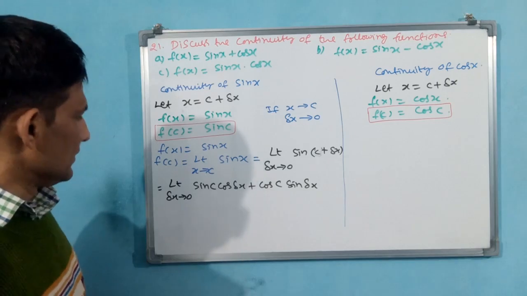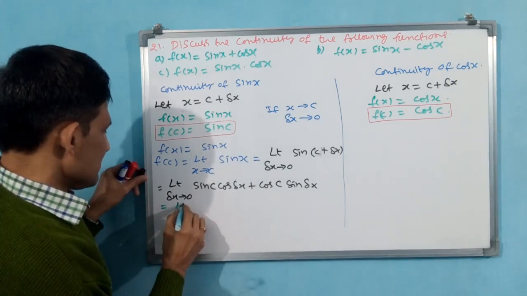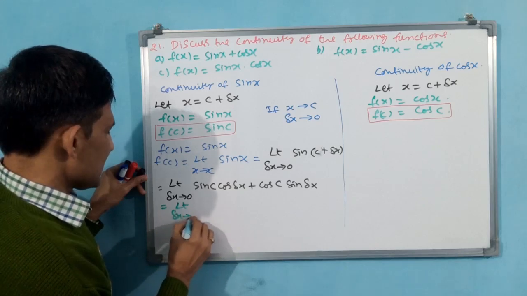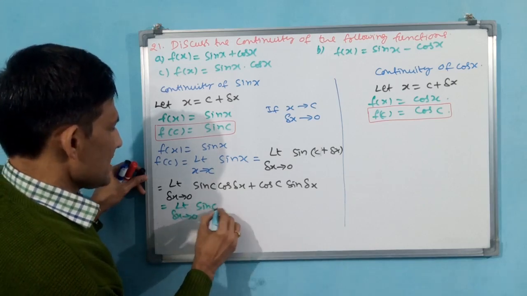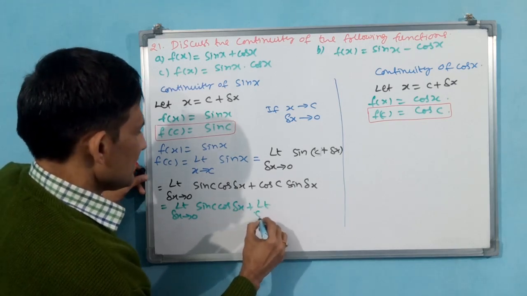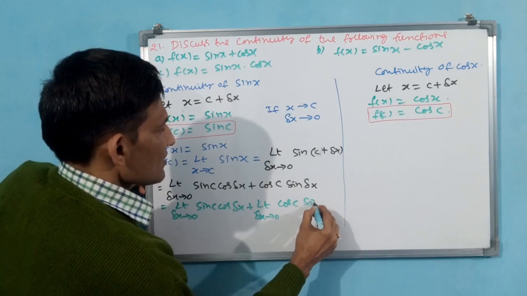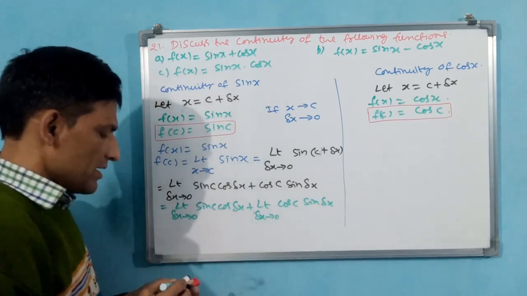Now you split: limit delta x tends to 0, sin c cos delta x plus limit delta x tends to 0, cos c sin delta x. Is it okay?